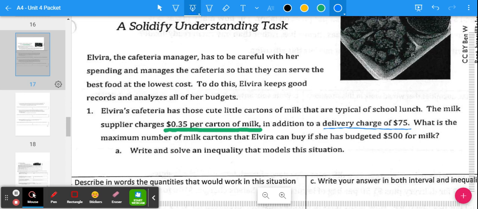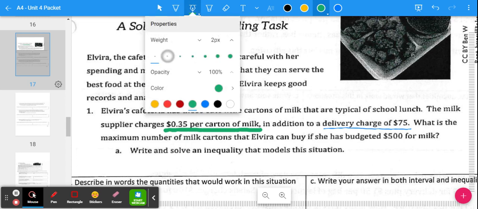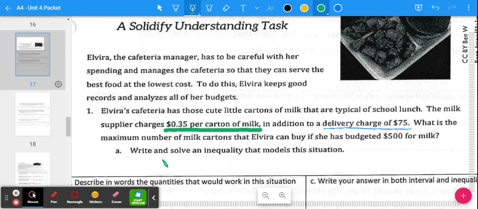So in the beginning, you have to pay your delivery charge and then an additional 35 cents per carton of milk. So our inequality is going to be 0.35, because it's our rate of change, touching x, plus the $75 delivery fee.